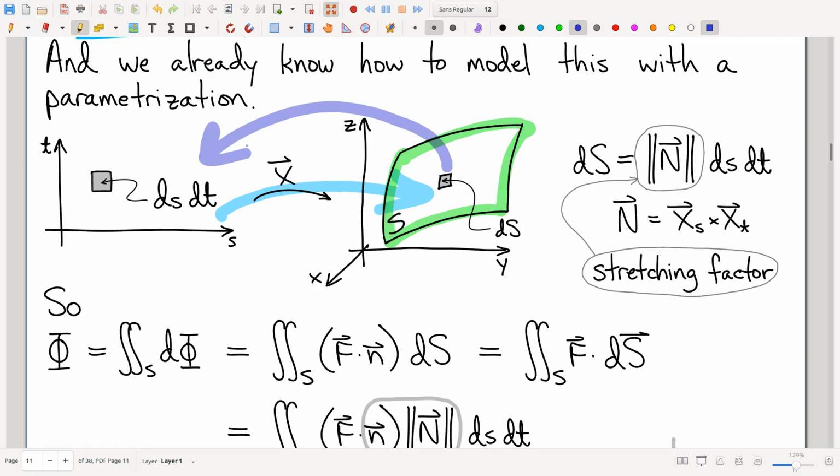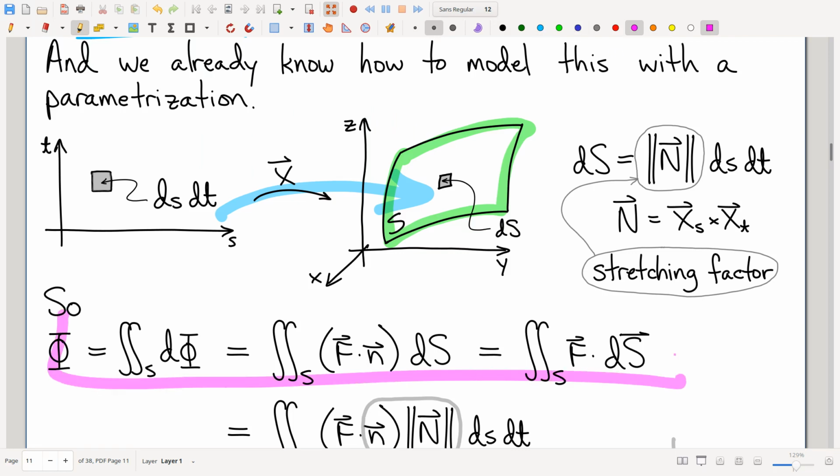For which purpose we already wrote down this capital N, and its magnitude is the dS scalar, etc. And with all of that already done, here's how we're going to compute the above. Now, I start by just copying from the previous page. This is a straight up shameless copy from the previous page.